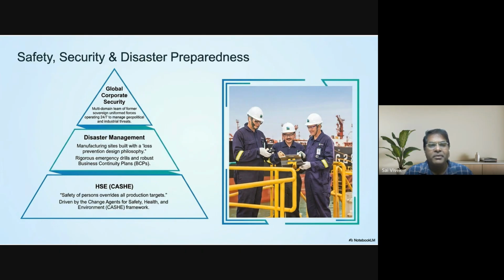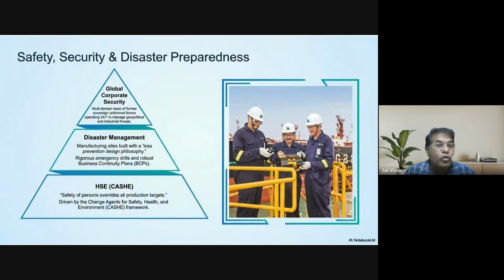Floods can't be prevented. They would occur on their own. Maybe in the long term we can prevent them, but we can't stop an earthquake. Only we can manage it. We can reduce the loss. We can be prepared against it. That is disaster management. So robust disaster management practices are adopted in Reliance India Limited.